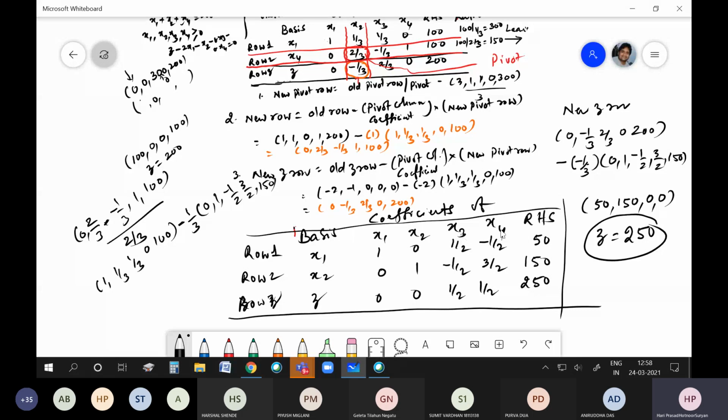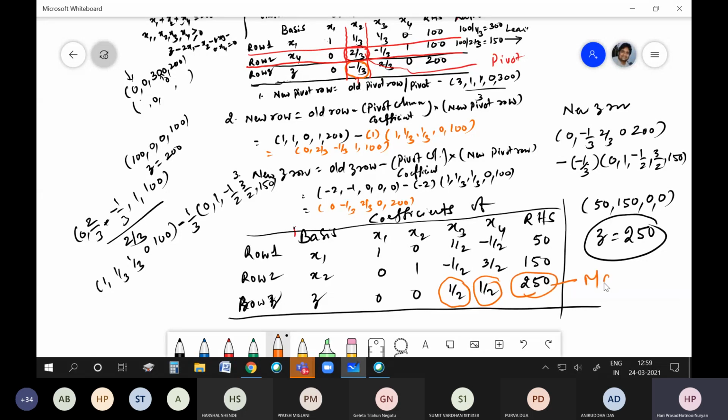Non-basic variables are X3 and X4. Corresponding to that, these two are the coefficients. They are positive, no? Yes, sir. So because they are positive, there is no need for us to do further. Okay, so we have reached the maximum.